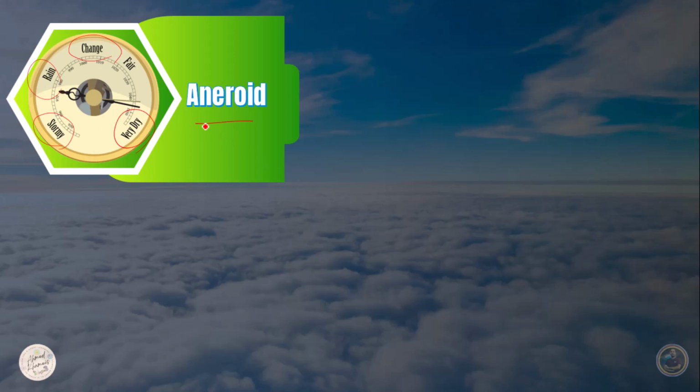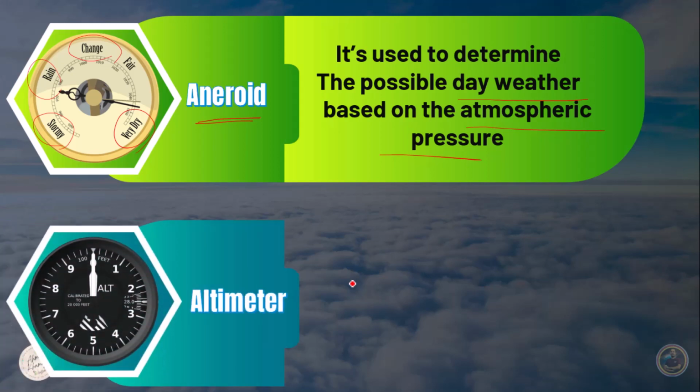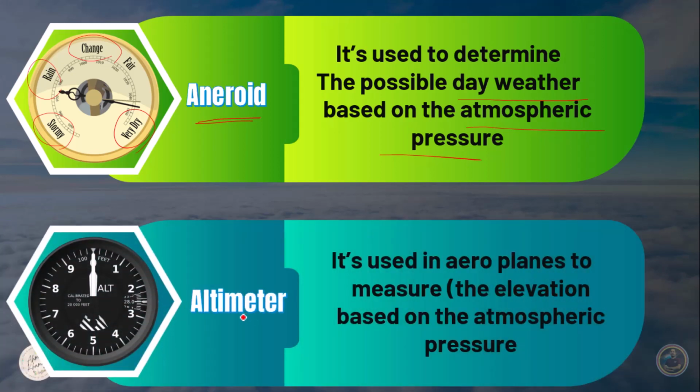So we use the aneroid to determine the possible weather of the day based on the atmospheric pressure. The altimeter is a device used in the airplane to know the elevation of the airplane based on the atmospheric pressure.